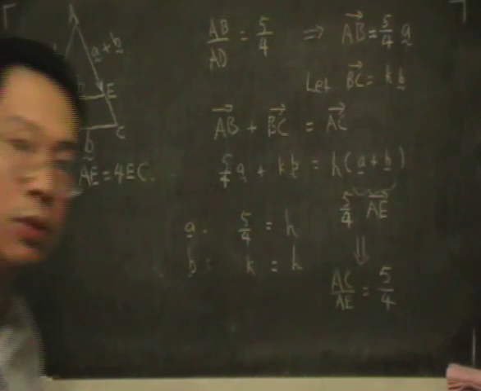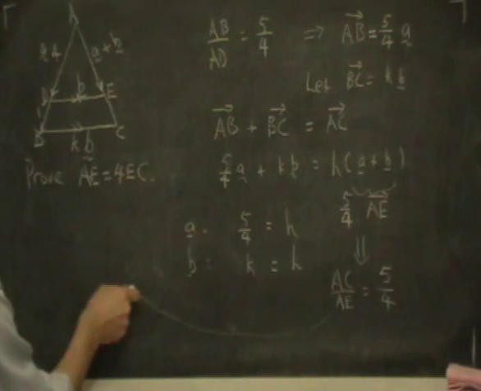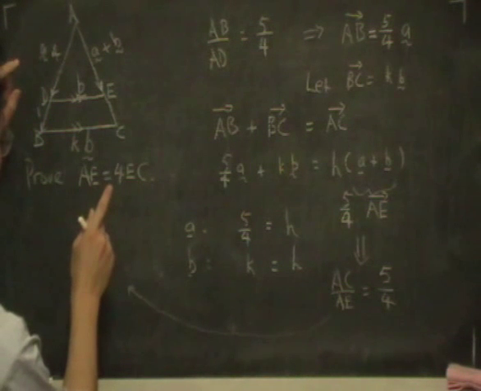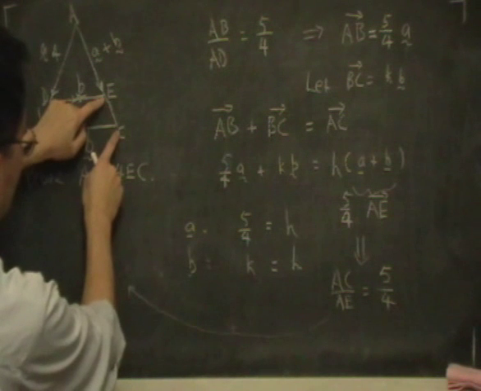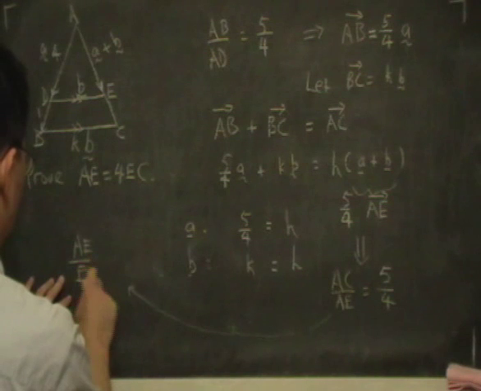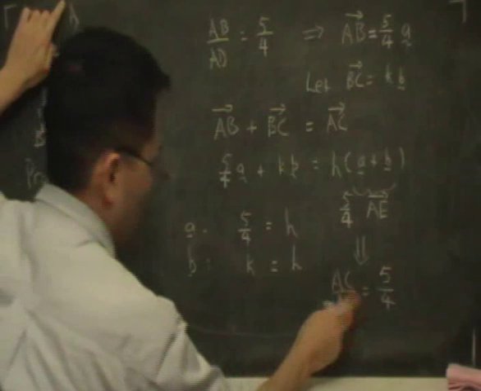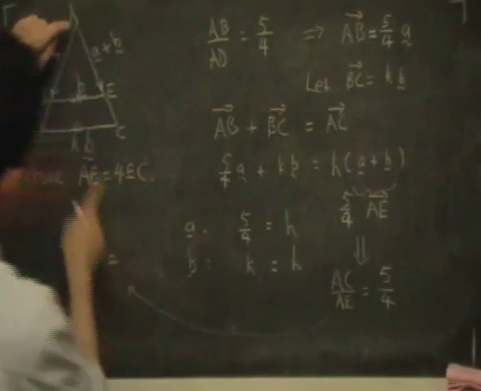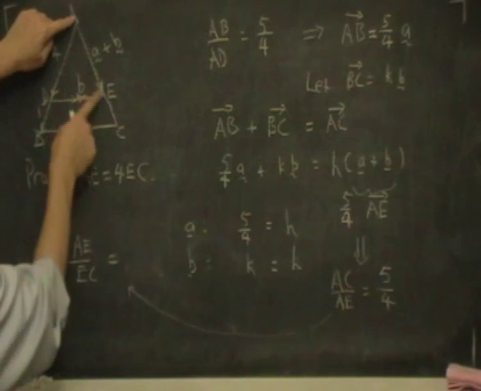And therefore, the ratio of AE to EC, remember from here AC is 5 parts, AE is 4 parts.